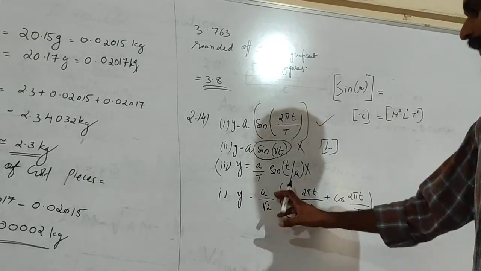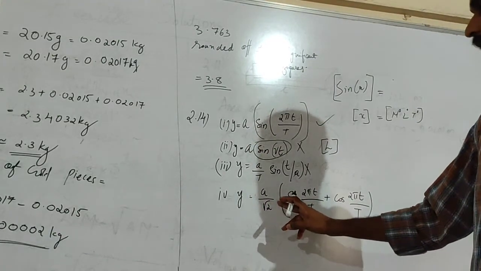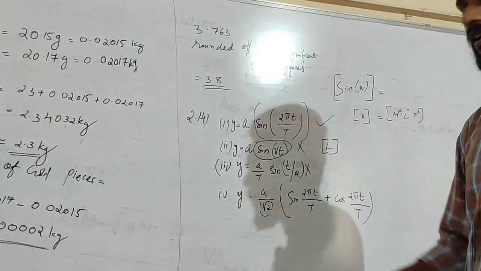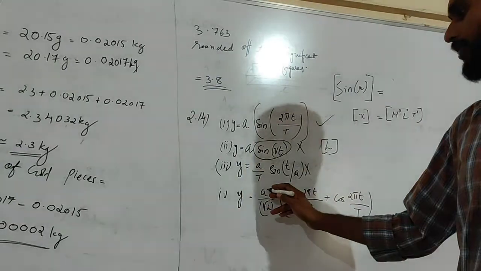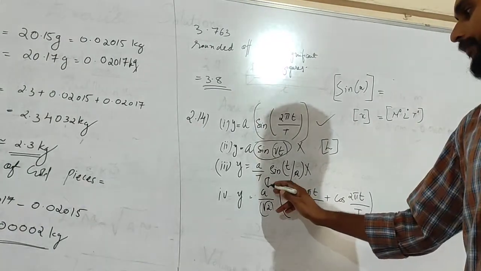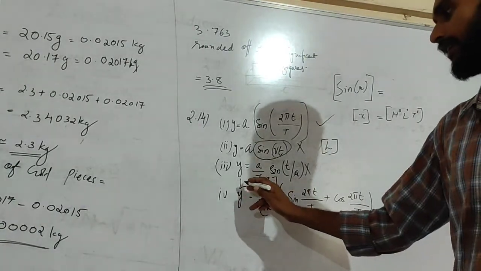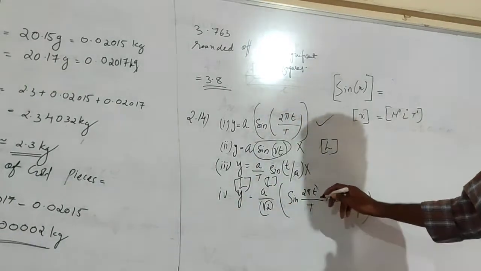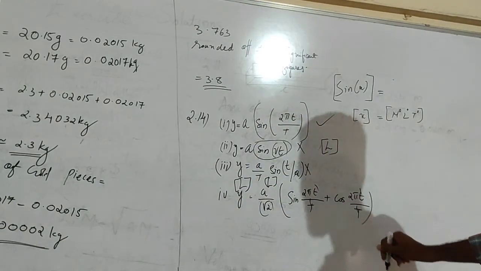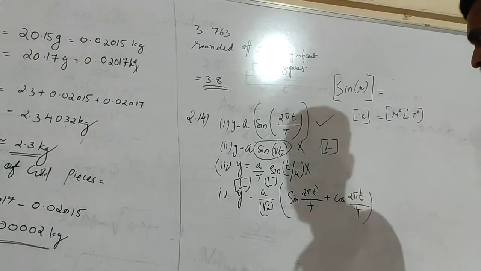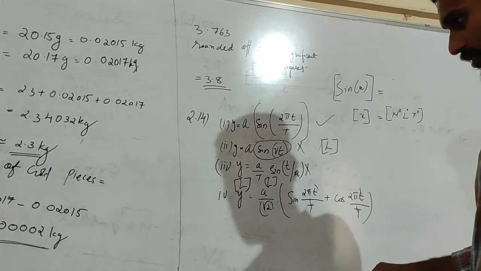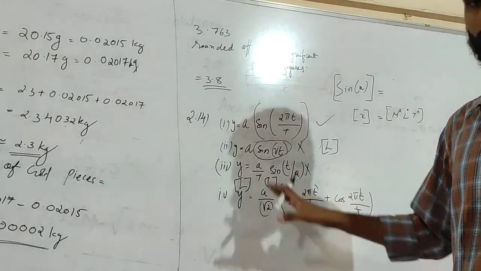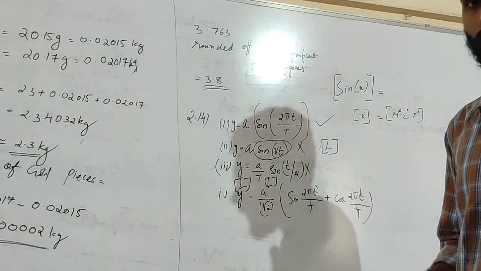Now, the next one, a by root 2 of sin 2 pi t by T plus cos 2 pi t by T. Here a is L only, and root 2 does not have any dimensions. So the dimension of a is L, and for y the dimension is also L only. In sin 2 pi t by T, the dimensions cancel, and here also the dimensions cancel, so the dimension on both sides is L raised to 1 only.